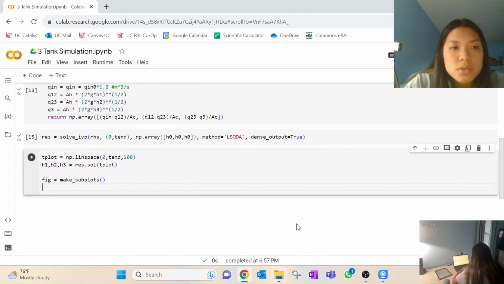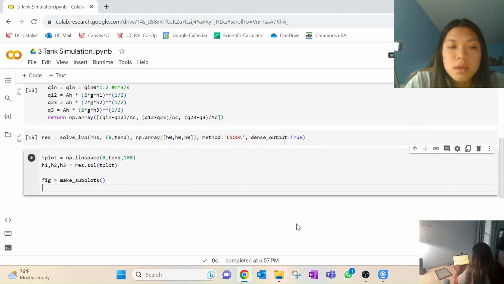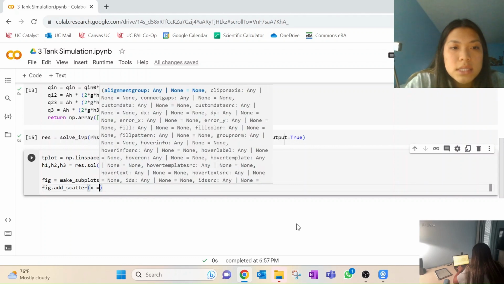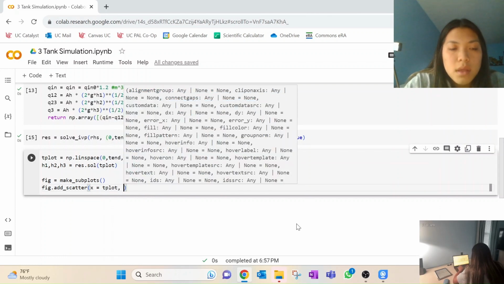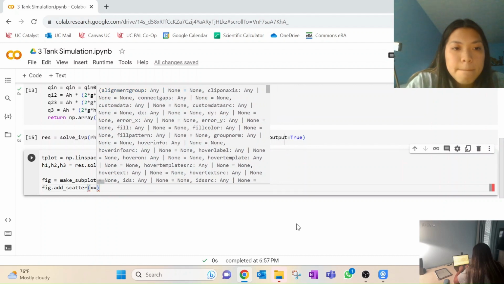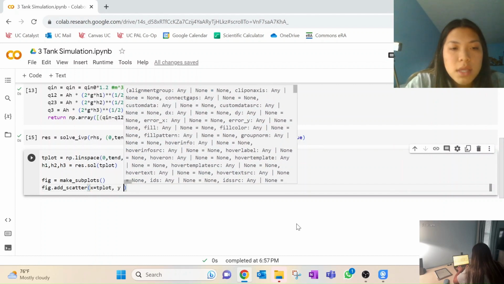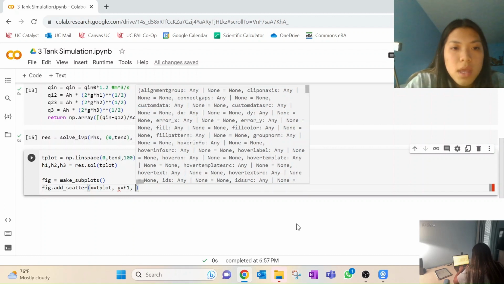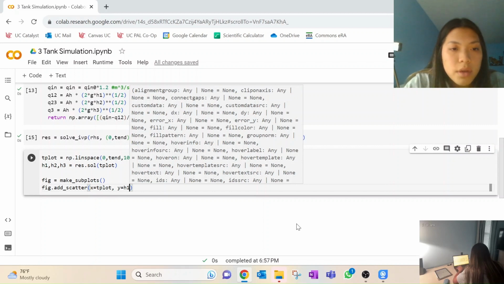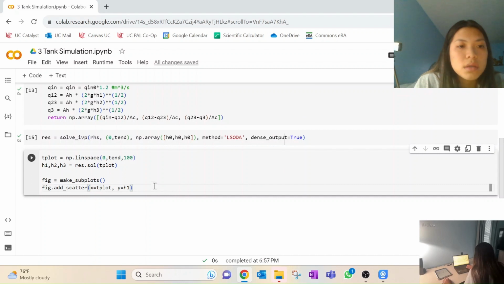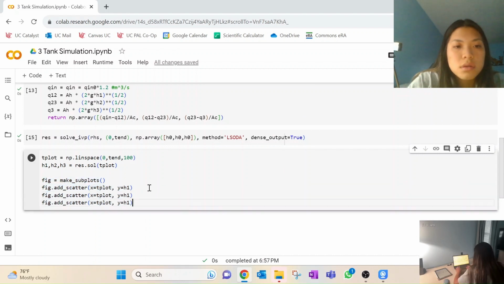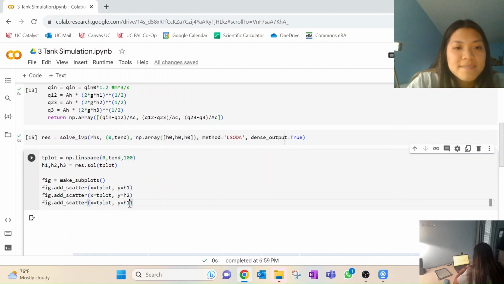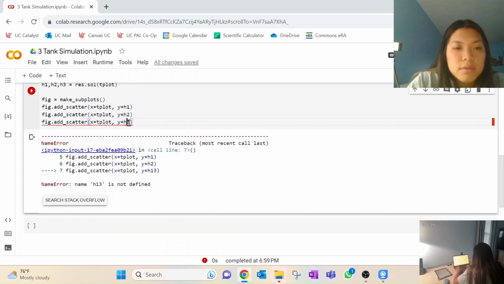And we're going to add to that subplot, so it's going to be fig dot add underscore scatter, and the x is going to be the times, the y is going to be the height, so we'll just do the first tank for now, and that's all we'll have for now. Okay, so now we can shift enter.